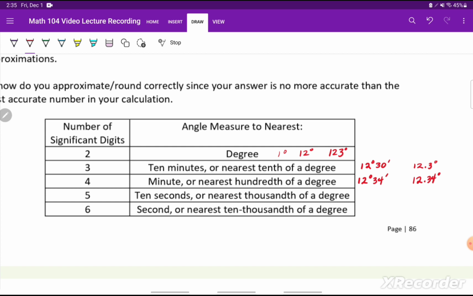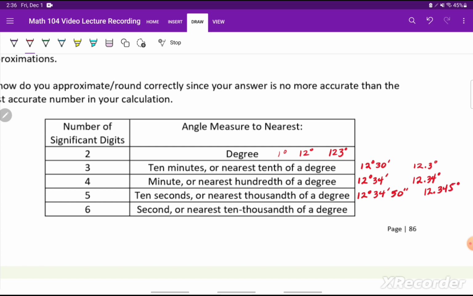If our angle is measured to the nearest 10 seconds or nearest 10,000th of a degree, that's 5 significant digits. So this time, the degrees can be whatever, the minutes can be whatever, but the seconds are going to be a multiple of 10. So something like 12 degrees, 34 minutes, 50 seconds, or 12.345 degrees.